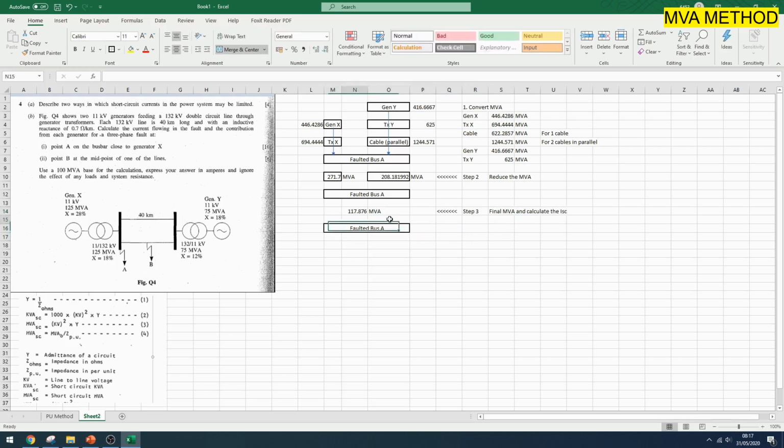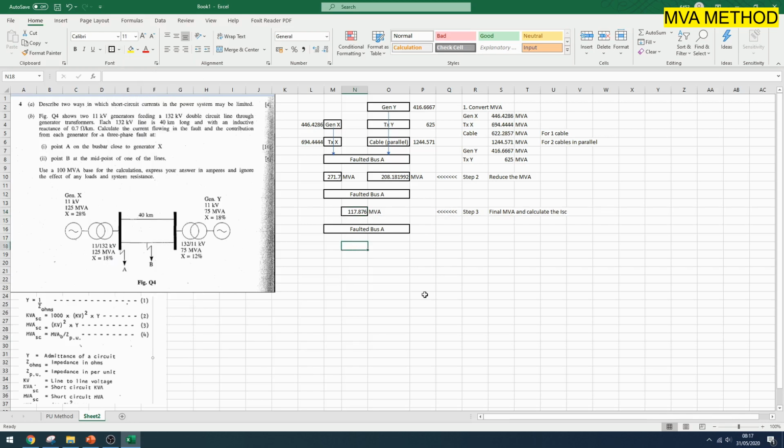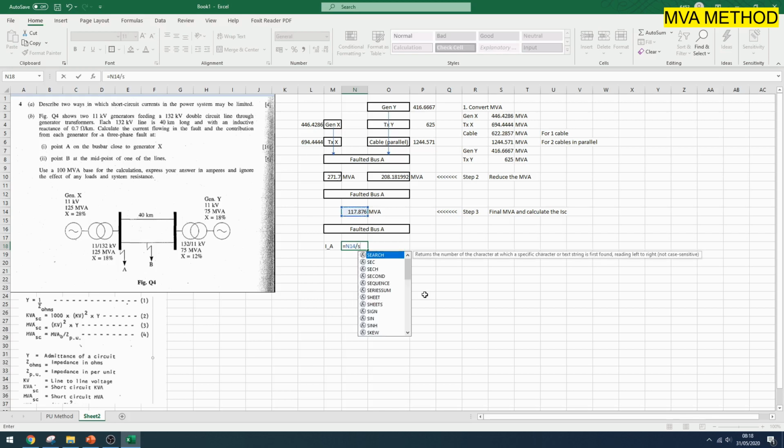Based on this value of 170 MVA, the I short circuit at point A would be equal to the apparent power fault level divided by square root 3 times the voltage, which is 132 kV. So do we get the same answer?